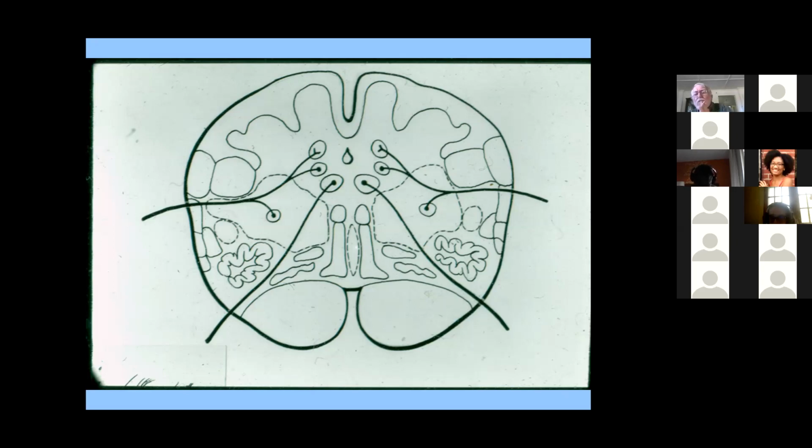And then when we talked about the vagus nerve, we pointed out it was large, and that it enters the brain and exits the brain laterally.